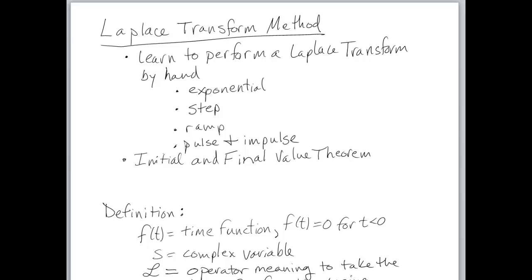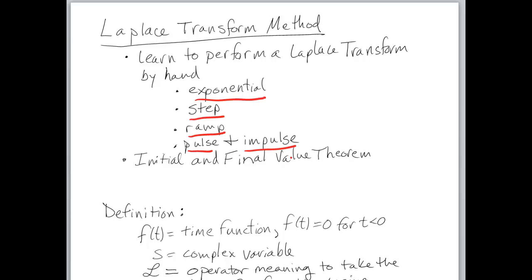So to conclude, I want to remind you what we went through in this lecture. It was focused on the Laplace transform method, and I wanted to give you the background so that you could perform Laplace transforms by hand. We did a Laplace transform of an exponential, of a step function, of a ramp function, and of both the pulse and impulse functions. Also, I showed you a way to find the initial and final values of your system when you're working in the S domain, after you've taken the Laplace transform.